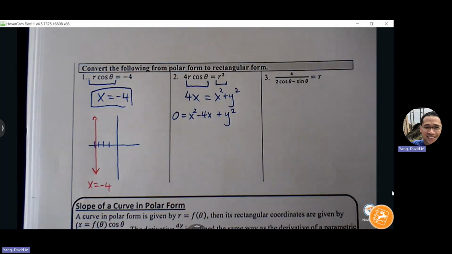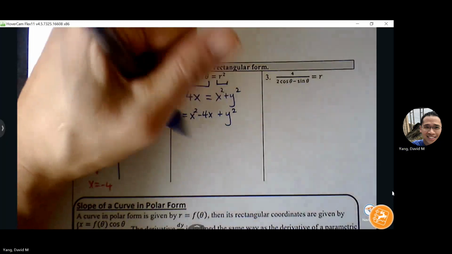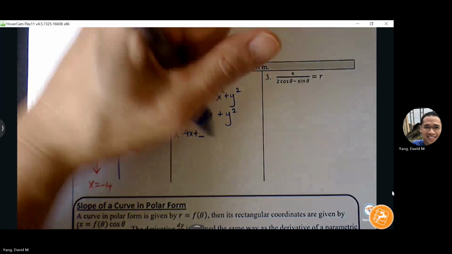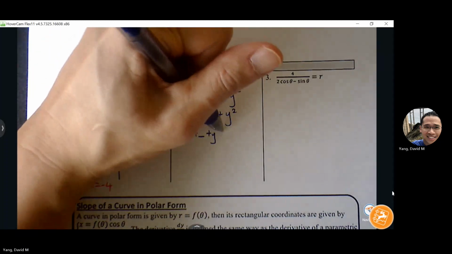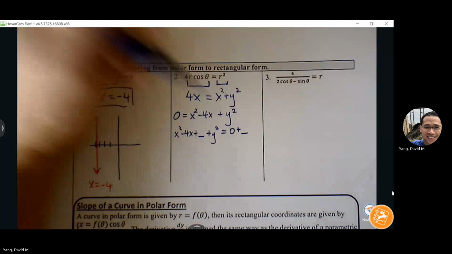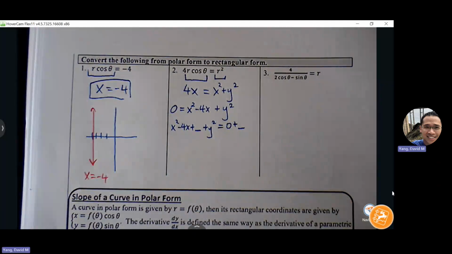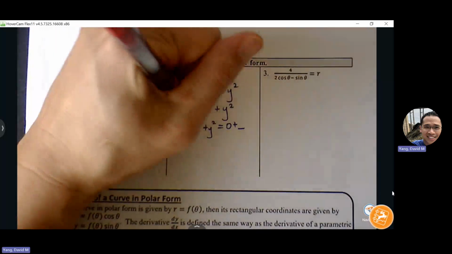We recognize this as, if we complete the square, we can get it into a circle form here. Okay, b over 2 squared, (4 over 2) squared, 4.